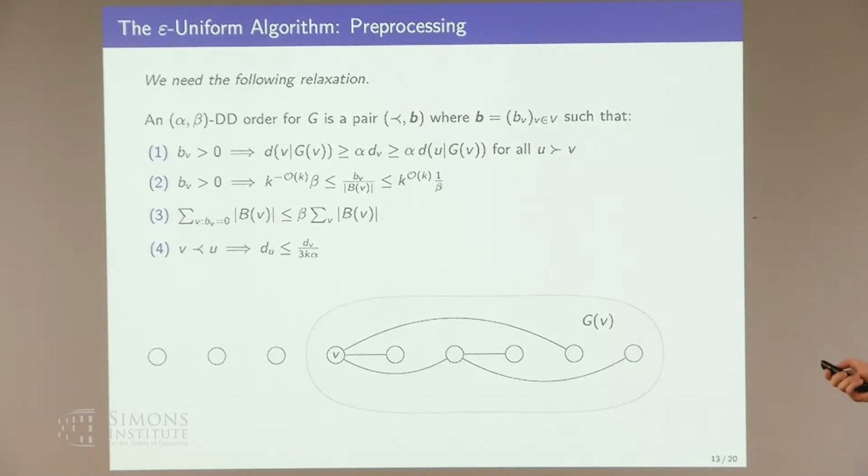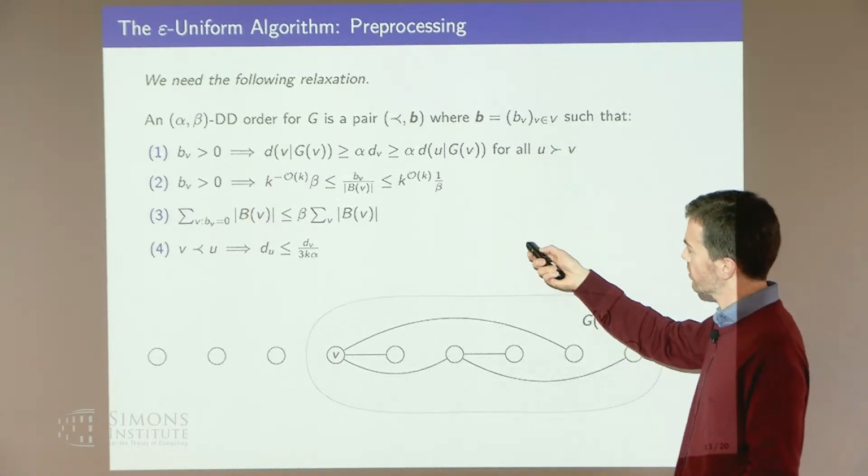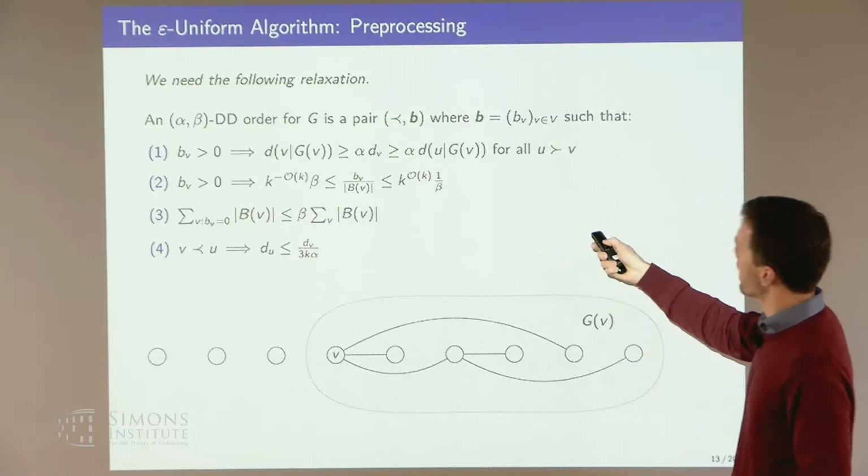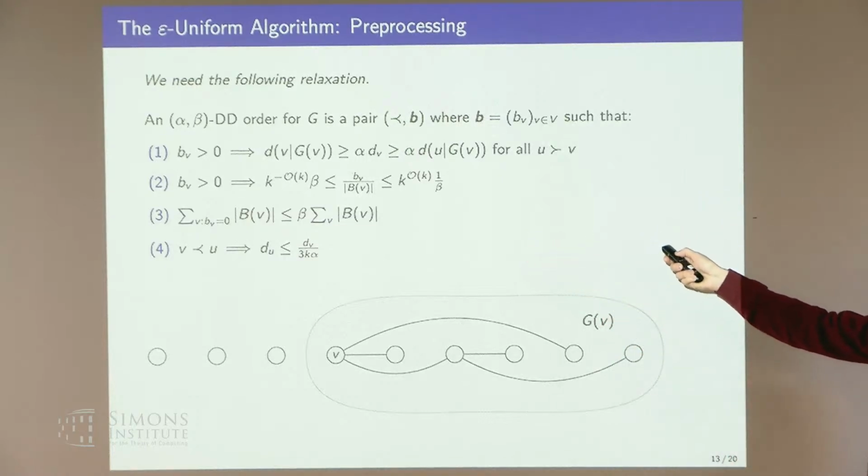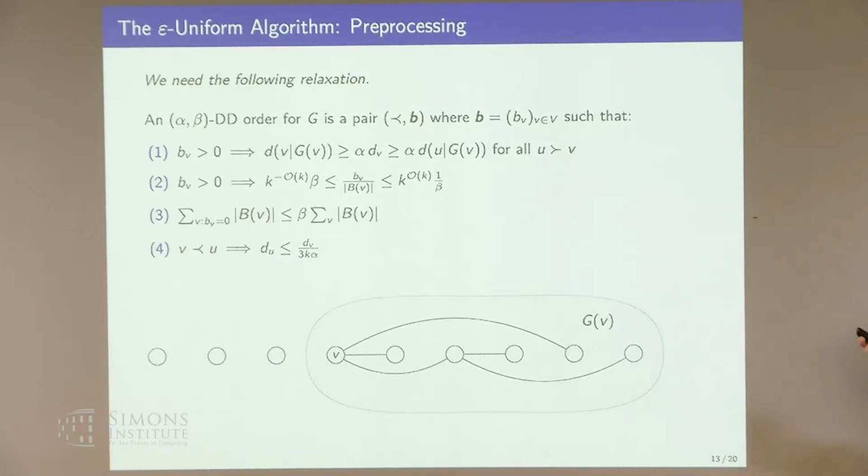Now we are not only requiring an ordering, but we want a total order of V, and a set of numbers that are estimates for the bucket sizes. Before we used the degree to the k-1, now they are going to be something else.